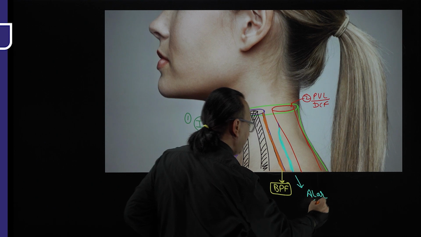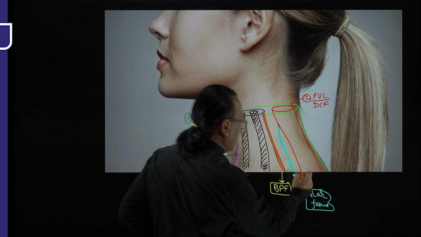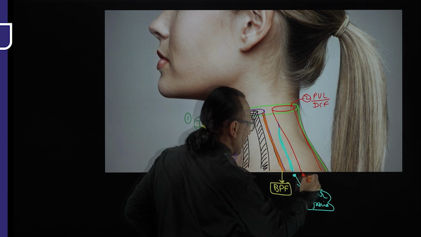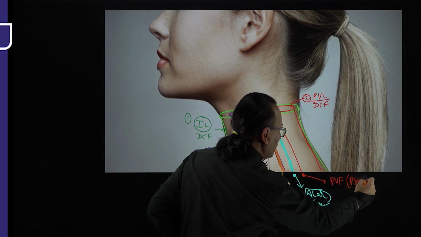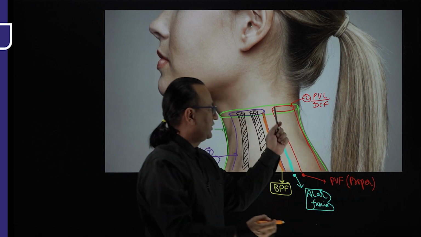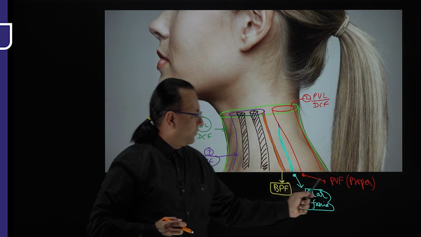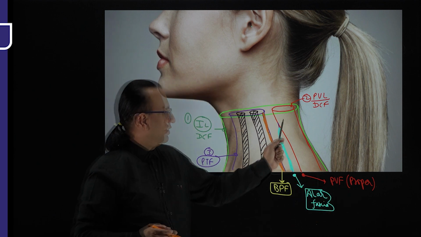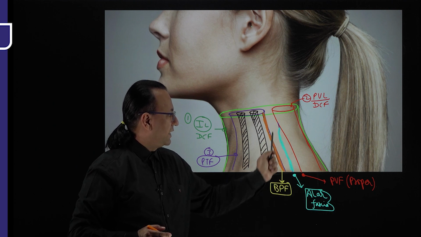Now, once we have mentioned the alar fascia as well, we can name the prevertebral fascia also as the prevertebral fascia proper. So it was the prevertebral fascia which is in front of the vertebra, which continues itself as the proper prevertebral fascia, but then it has given one anterior splitting, A for A. That anterior splitting is called the alar fascia.